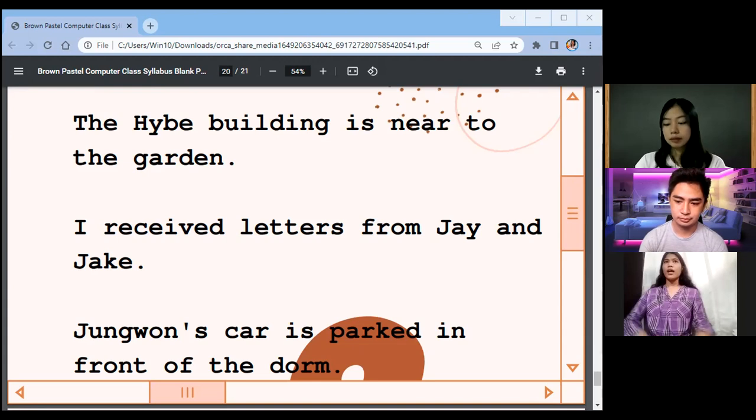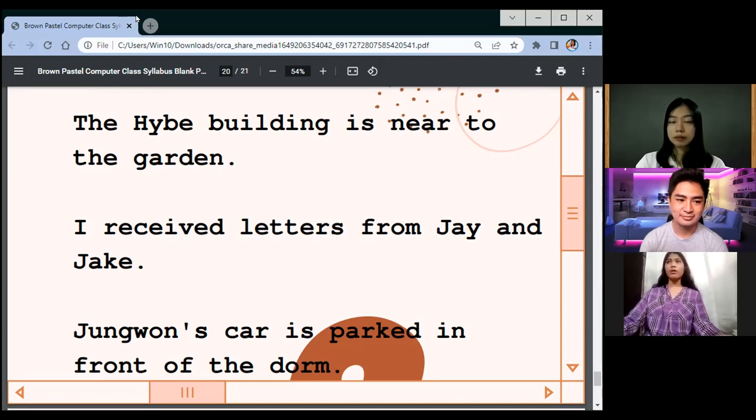And also, the preposition "to" can be confusing because it can act as part of an infinitive, and it can also act as a preposition in a phrasal verb. So be mindful and careful in looking at those "to" prepositions.